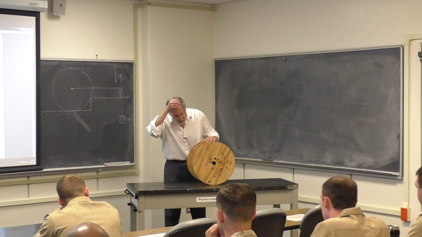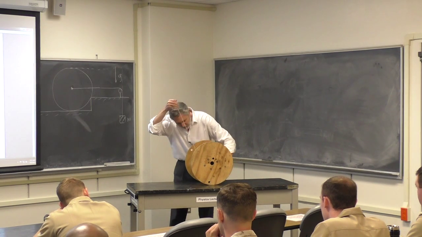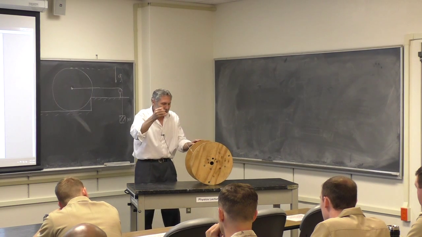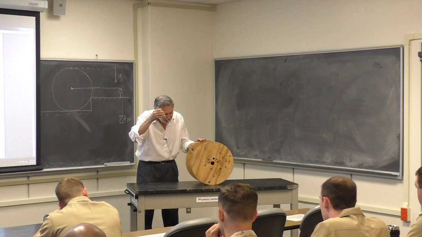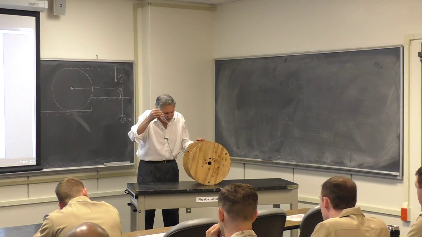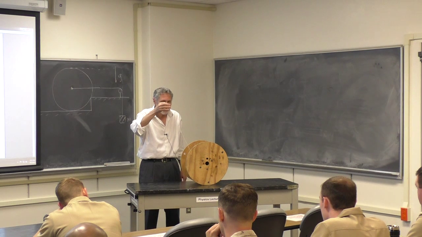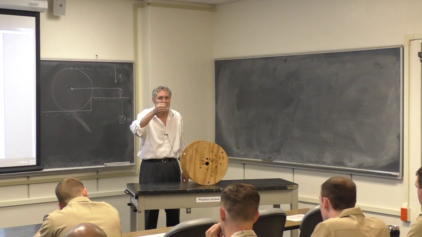I'm doing this very roughly so that it's going through there. As I apply the force, nothing's happening now because the static friction is building up. But eventually, what's going to happen?